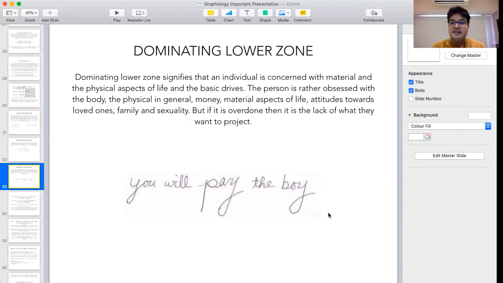It is very, very important to check the zones in the handwriting as to the way a person behaves. The way a person behaves, you should actually see their handwriting first.